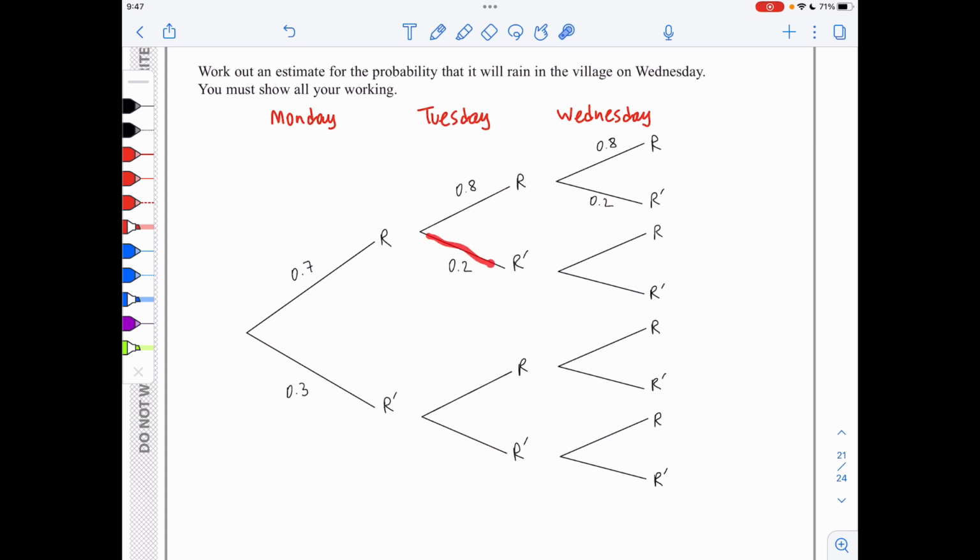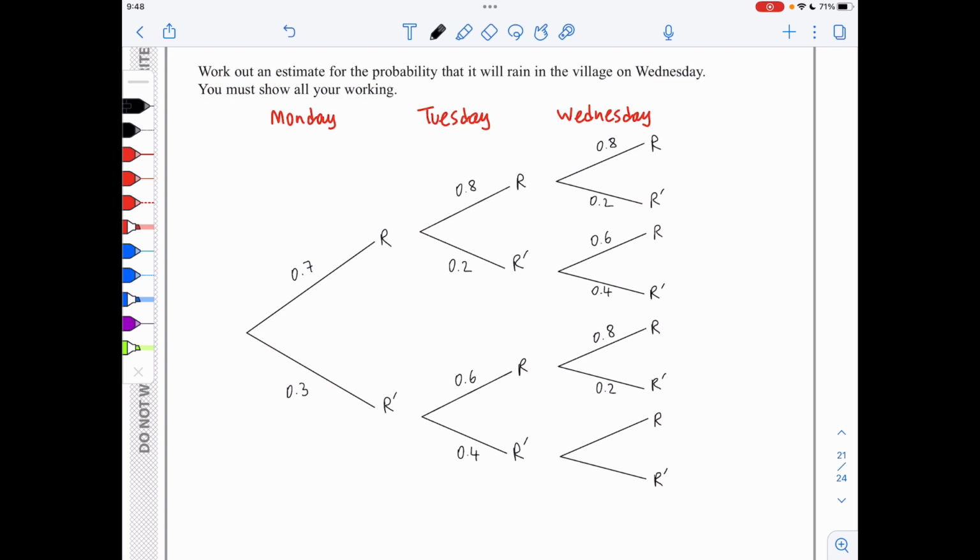However, if it does not rain, on the next day, the probability it will rain is 0.6 and 0.4. Similarly here, it didn't rain, so the probability it rains on Tuesday will be 0.6, and the probability it doesn't rain is 0.4. But if it rains on Tuesday, it will rain again on Wednesday with a probability of 0.8, and it will not rain with a probability of 0.2.